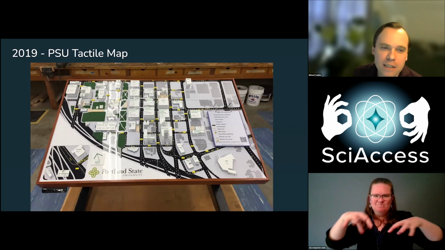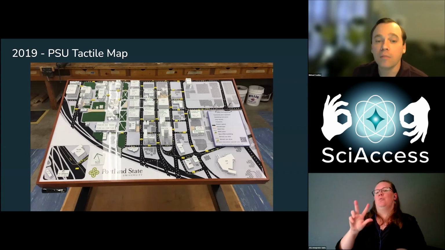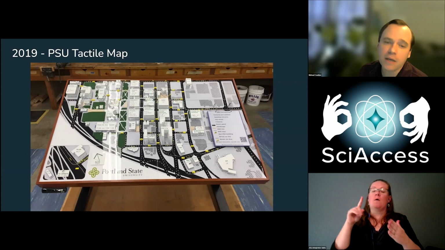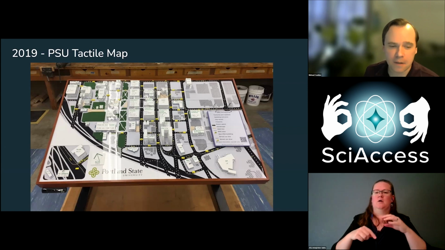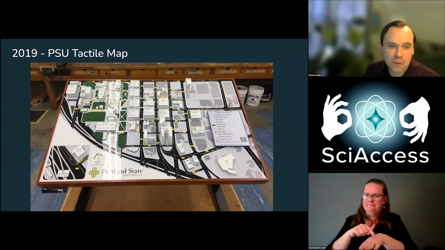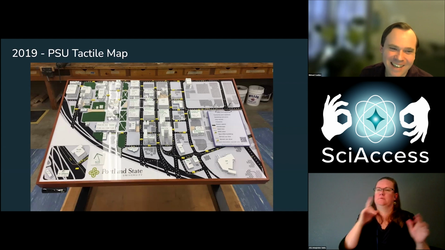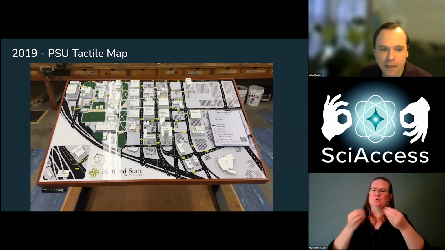And then there are 3D printed pieces to label the tops of buildings, to label bus stops, to label streets, all of those kinds of things. So this was a super exciting project. There were so many elements happening here.